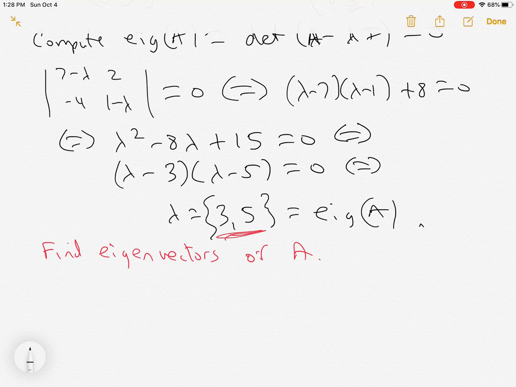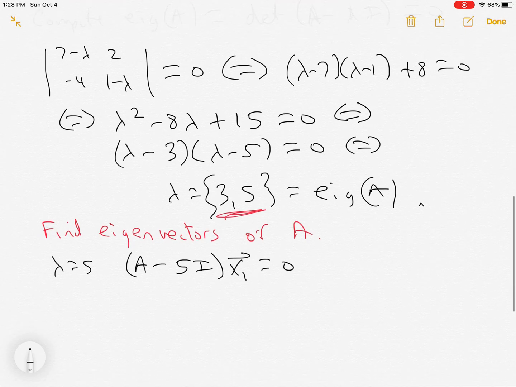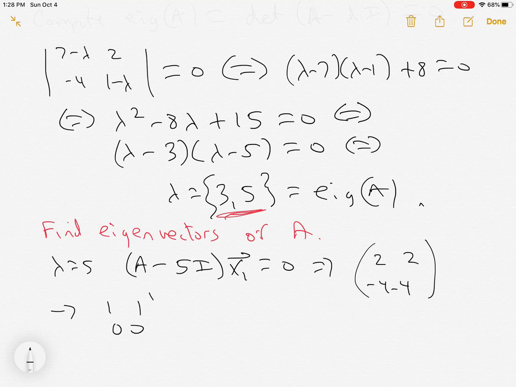Let's let lambda equal 5. And now we're going to solve A minus 5I times x1 equals 0. And when you do that, you get 2, 2, minus 4, minus 4, which row reduces to 1, 1, 0, 0, and says that x1 is 1, minus 1, or any multiple of it.